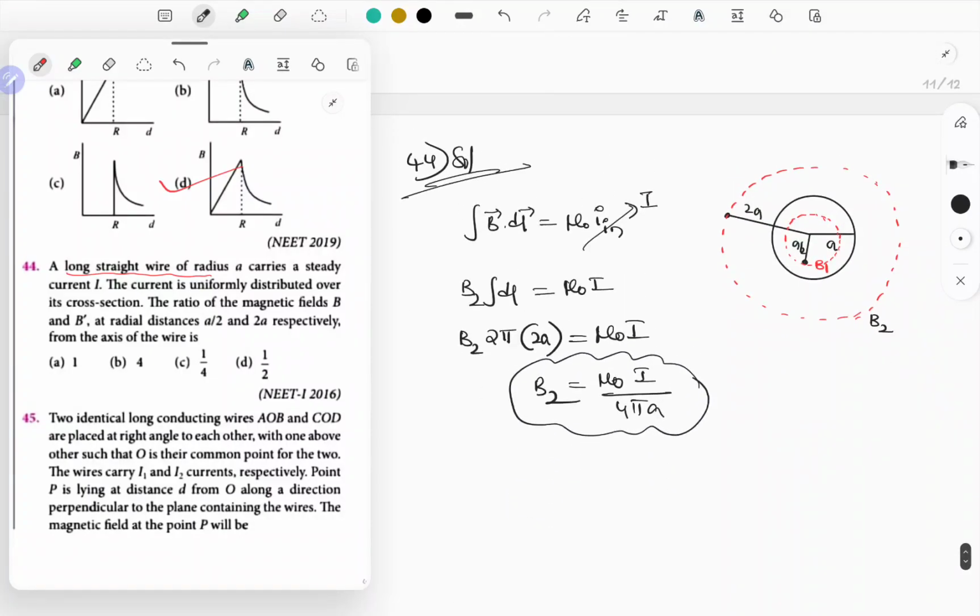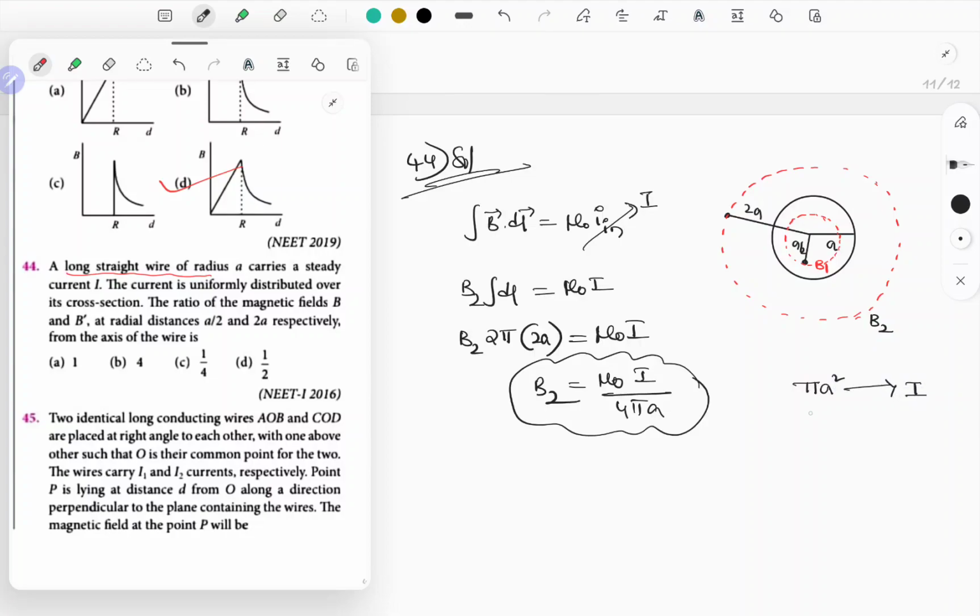Okay, let's find the magnetic field due to the inner loop at a distance a by 2. First of all, I have to find the current. As current is flowing through the conductor throughout its area, the current density is going to be constant, and current I is directly proportional to area. So for pi a square area, what's the total current flowing?